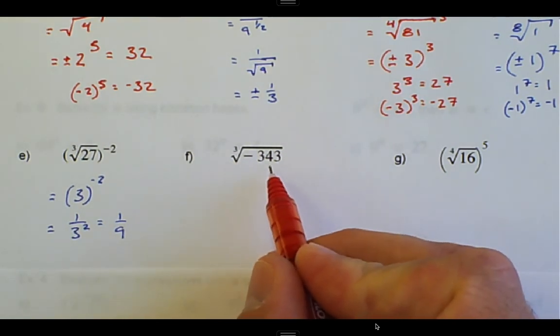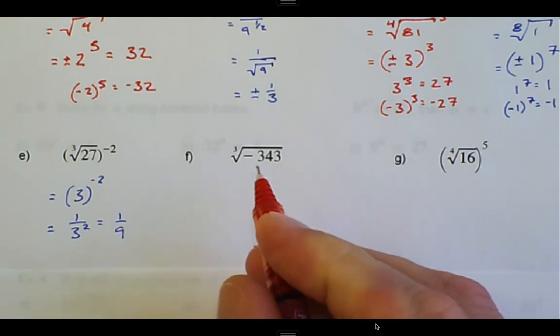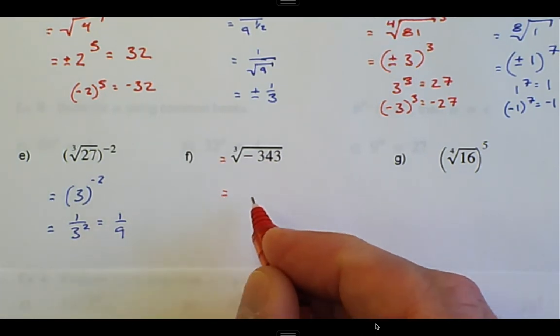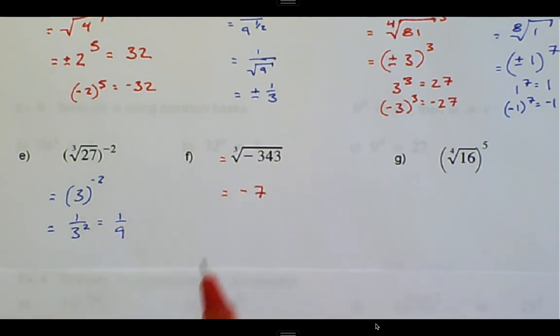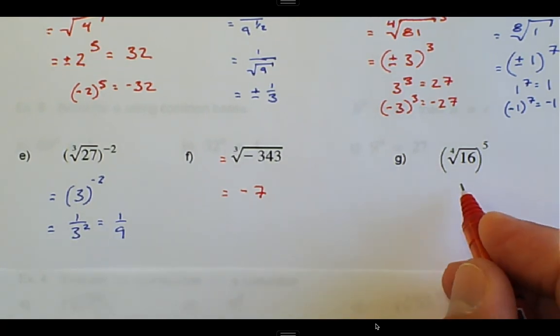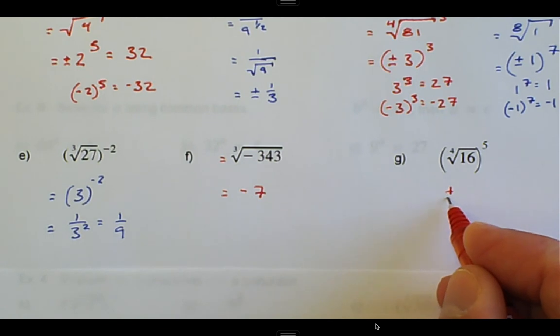Cube root of negative 343, and that one is just one that we're going to have to remember, that is negative 7. Another one, we can take the 4th root of 16, that is plus or minus 2.